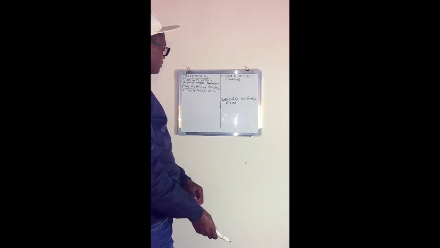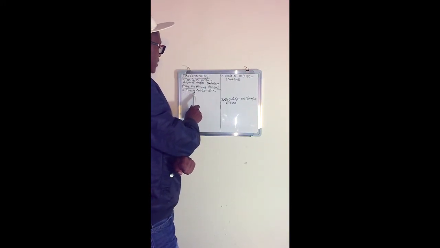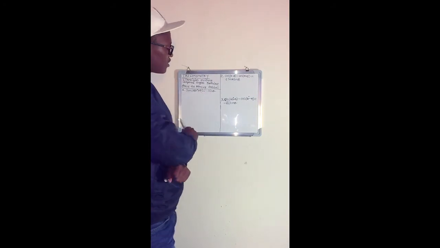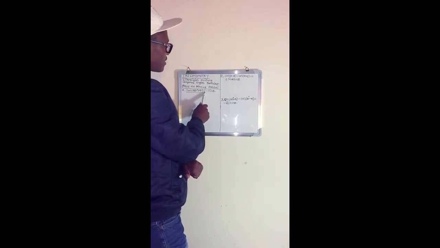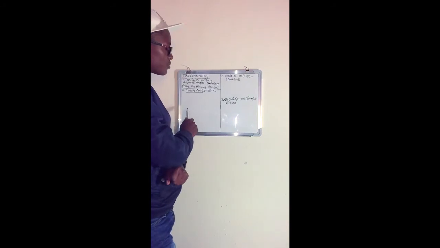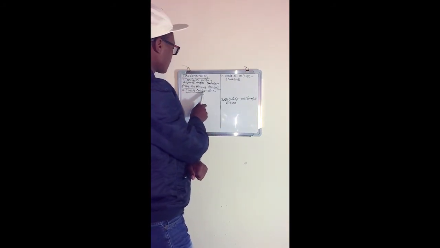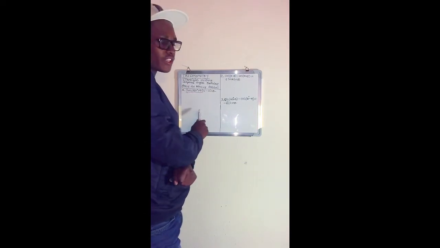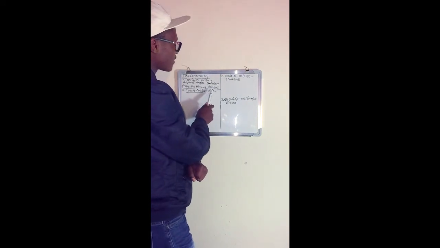The first identity says sin 180 plus theta is equal to minus sin theta. So we have to prove that sin 180 plus theta is the same as minus sin theta. It means we have to solve this side, and the final answer must be minus sin theta.